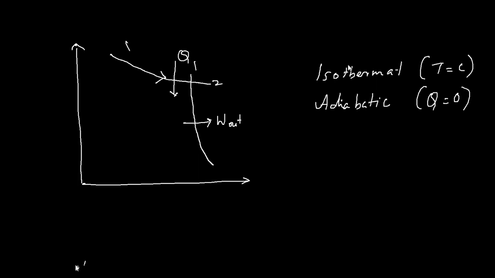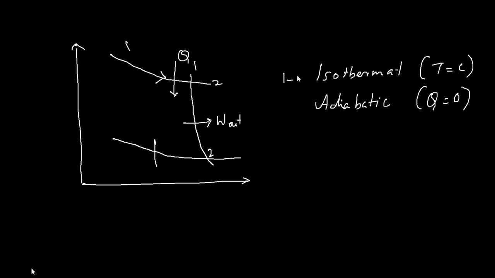We will discuss these processes later on, but for the time being you just understand how we can constitute a Carnot cycle. And then once your work output is done, you will have another process which is again a reversible isotherm for the heat rejection.